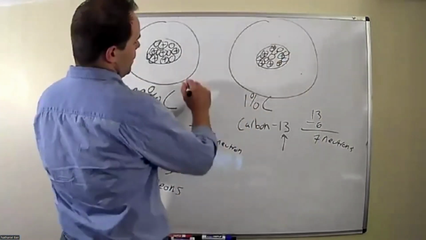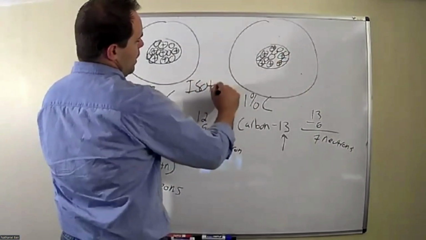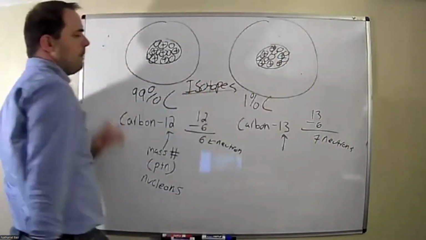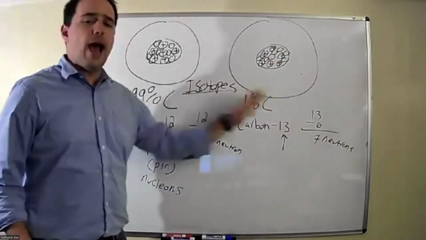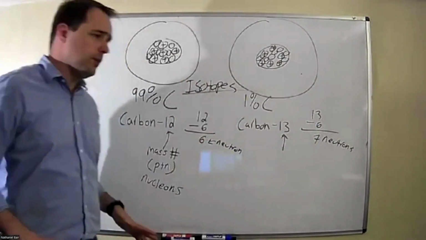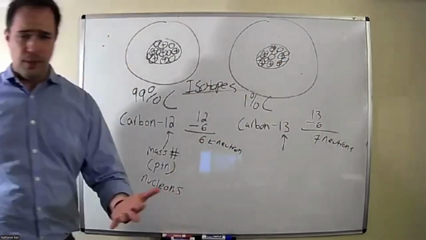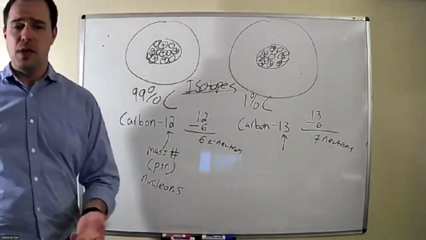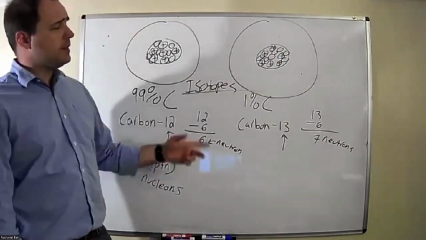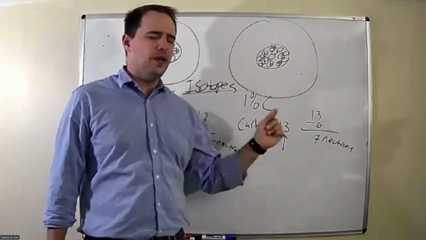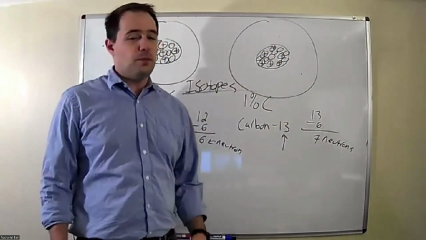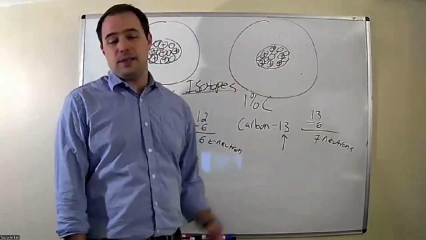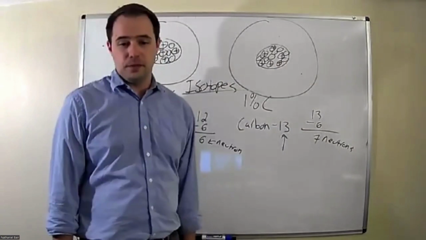These two atoms are isotopes of one another. They are atoms of the same element. They are both carbon. They have the same chemical properties. They have the same physical properties. The only difference is this atom is just a little bit heavier, right? Whatever the mass of a neutron is, that's how much heavier this one carbon is.